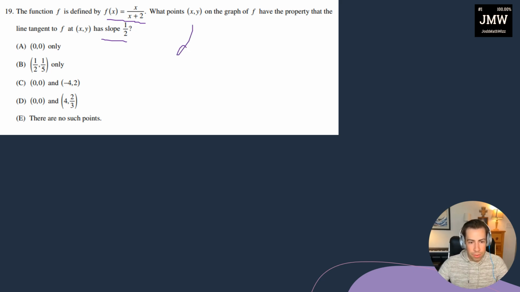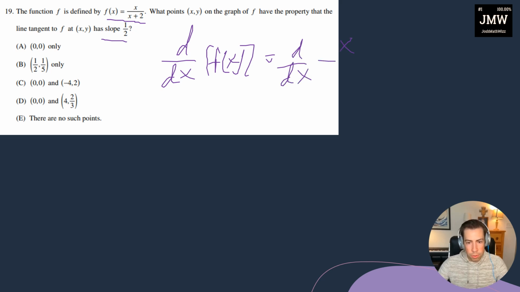So I'm going to take the derivative of my function here with respect to x, of course. I will go ahead and use the quotient rule.